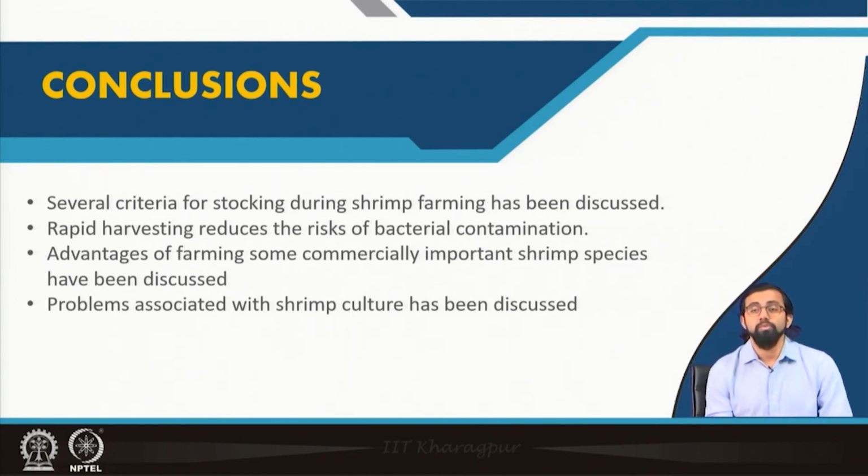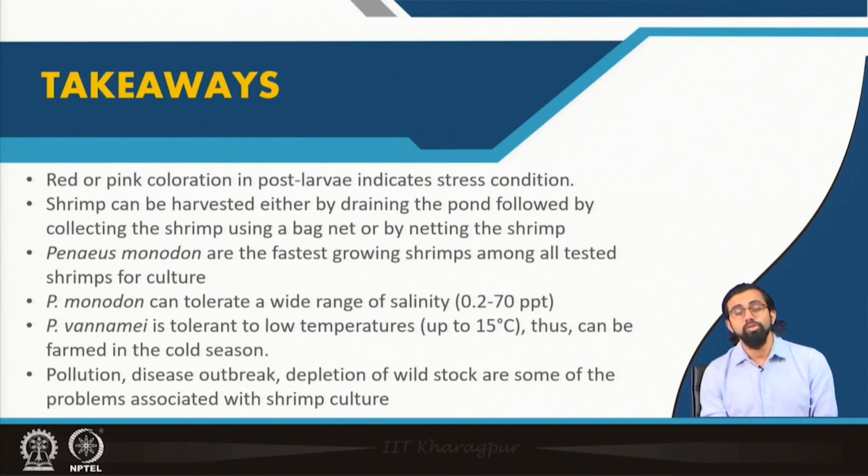We also discussed the problems associated with shrimp culture and the troubleshooting measures we need to follow to get rid of those problems. Now, what are the major takeaways from this lecture?